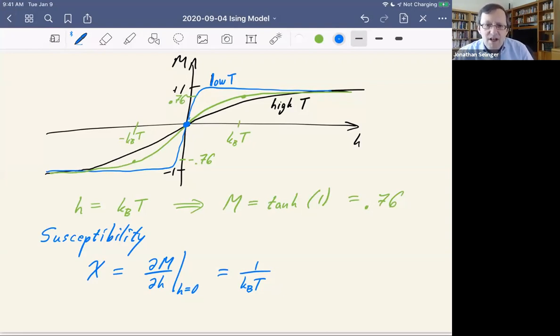Yes, I have a question. Please, Jen. I think you are calculating the most probable value and not the expectation value of M, right? They come to the same thing in the thermodynamic limit, that's right.